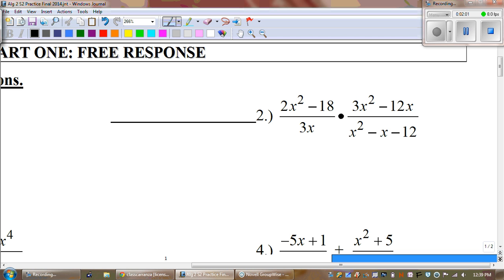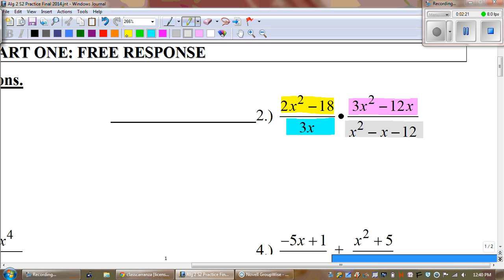Okay, number 2. First we're going to look to see what operation we have in the middle, and it's multiplication. Good. So now we're going to factor each one of these if possible.